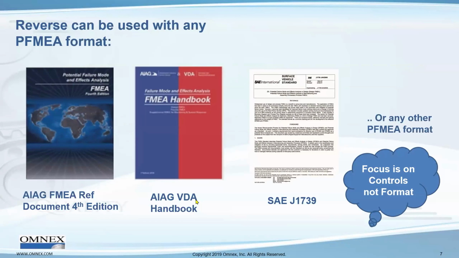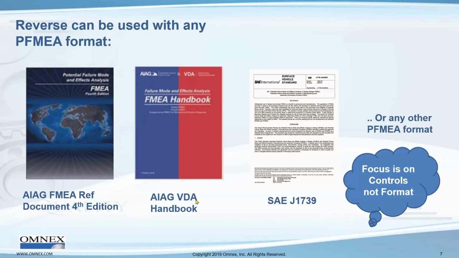Well, reverse FMEA can be done with the old 4th edition AIAG FMEA reference document. It can be done with the new AIAG VDA format. It can also be done with the SAE J1739, which is very similar to the 4th edition.